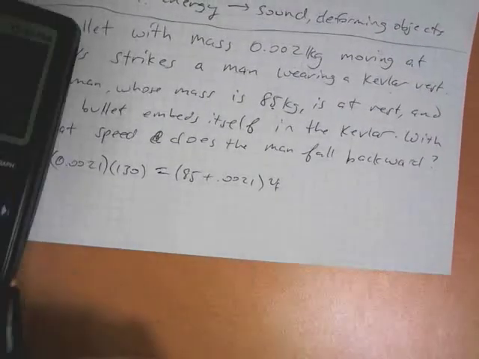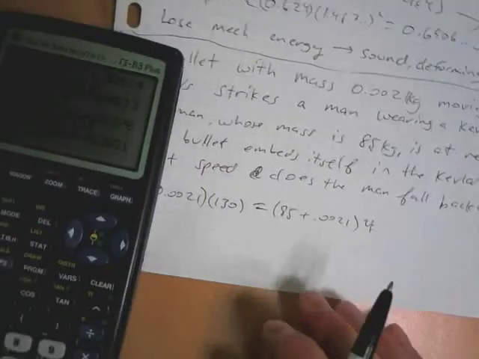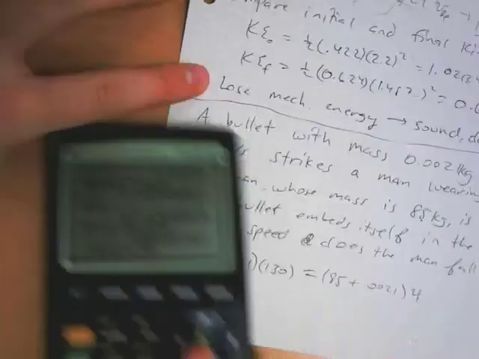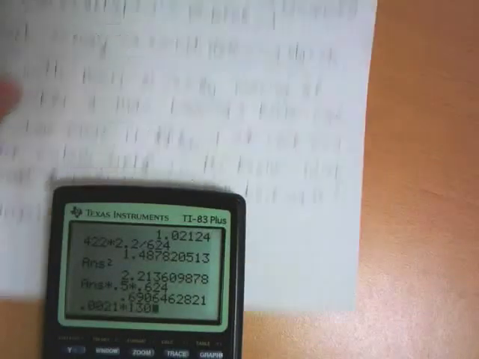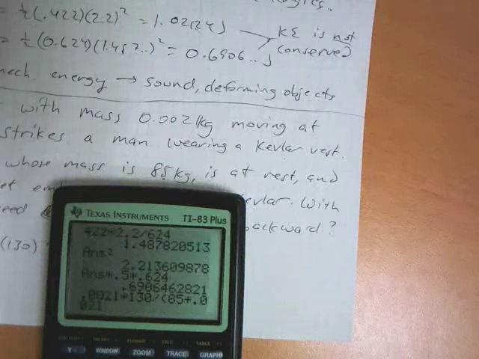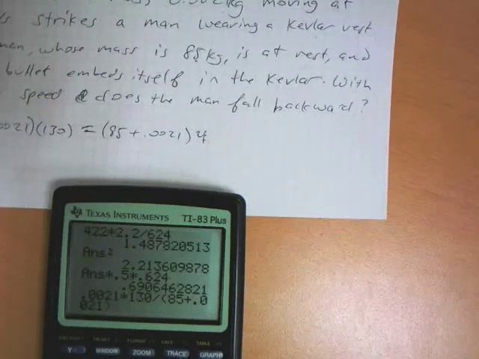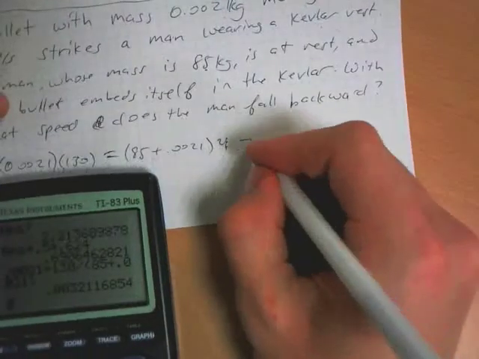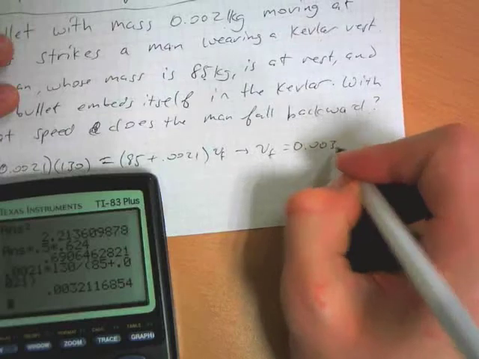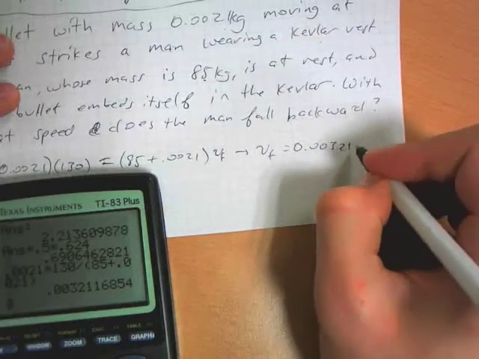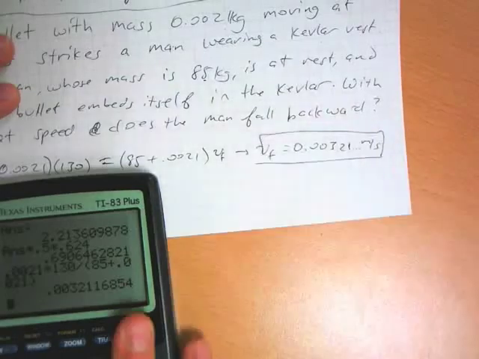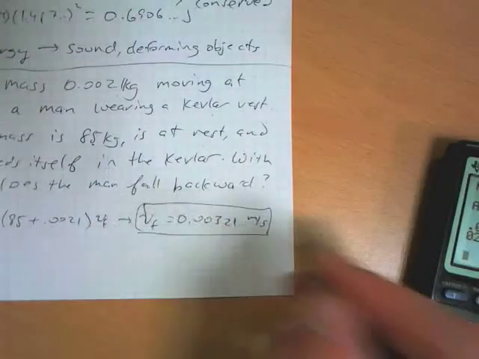So if I do some quick math here, 0.0021 times 130, and then I divide that by 85 plus 0.0021, that gives me a final velocity of 0.00321, etc. meters per second. So that is how fast this man would be knocked back by the bullet that hits him.